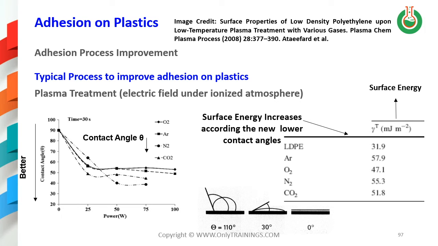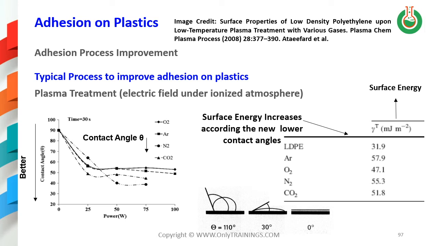And now, how these different gases can change values in contact angle and the surface free energy. In the left graphic, it's possible to see that nitrogen looks like the gas that is able to produce the lower contact angle in the plasma treatment conditions of this situation. And on the right side, a table with the increase of surface energy after some gases.